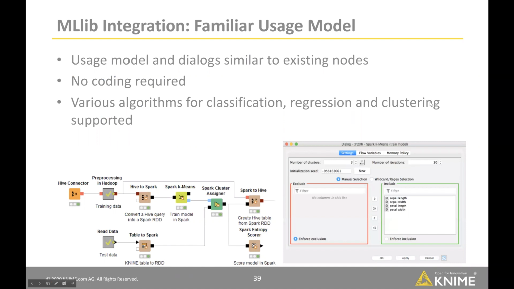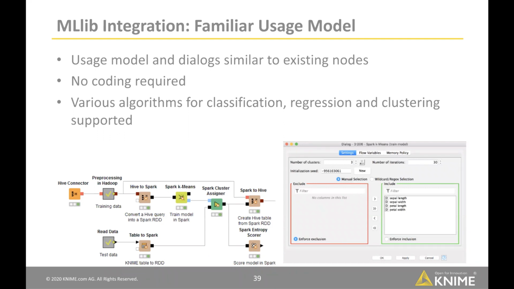I mentioned Spark has MLlib, which provides a lot of algorithms for machine learning, and we've built a whole set of nodes around that. The idea here is to keep the usage model familiar to users of the standard KNIME nodes.